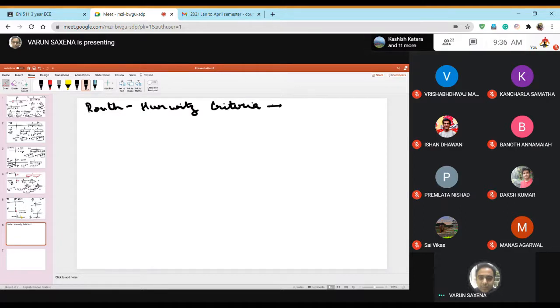People have published transaction papers on Routh-Hurwitz criteria quite late, much before even I was born. But the point is that this is an interesting topic, and I need to give it as a minor project. But anyways, let's understand some very simple, straightforward cases, and then we will slowly go into the cases where things are not so simple.